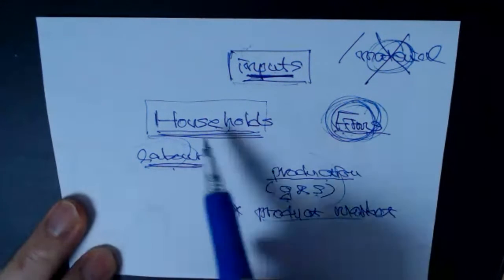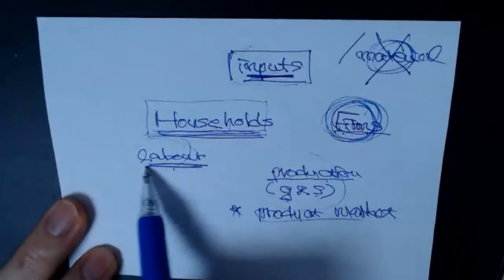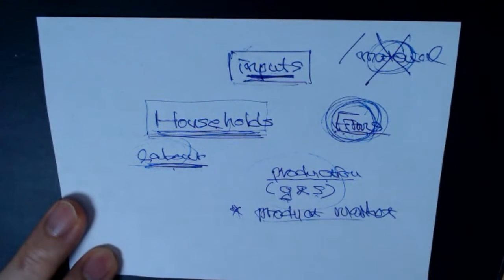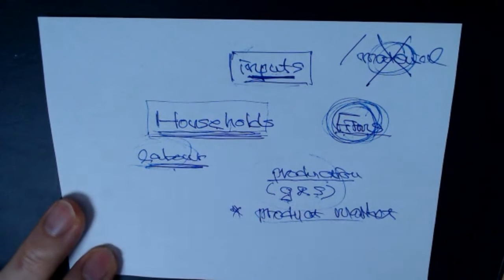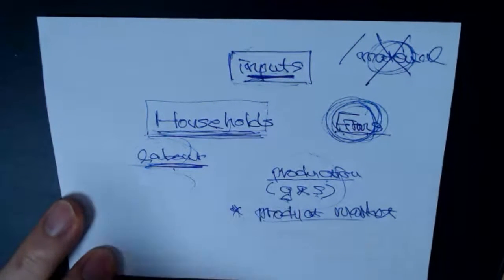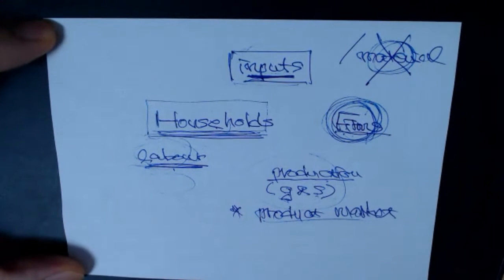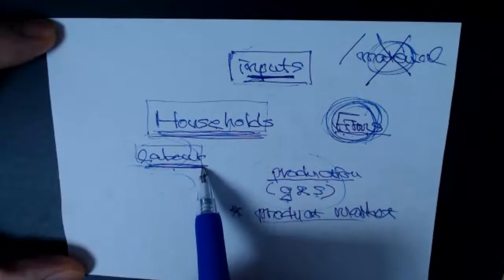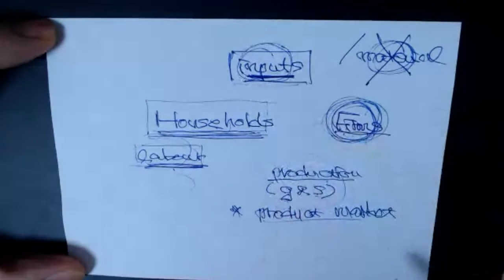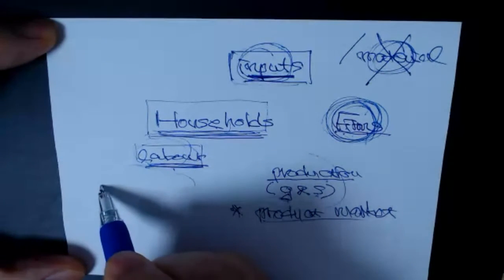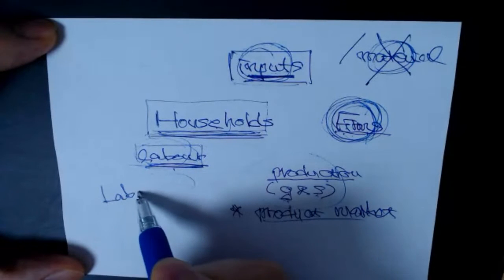So households are supposed to sell labor. If a household is rich enough, it will sell some extra cash to lend to firms. But we just consider the labor mainly today. So this labor will be sold in the input market, or say, in the labor market.